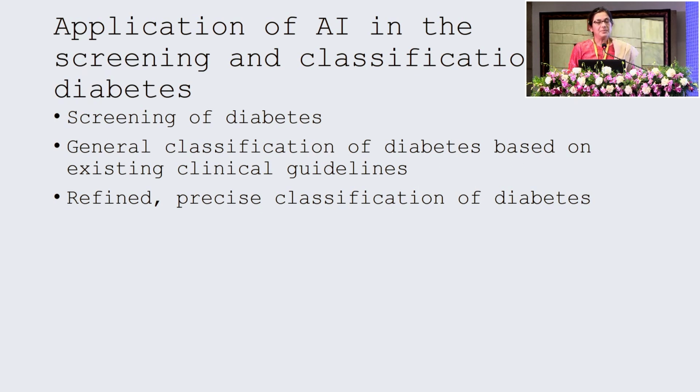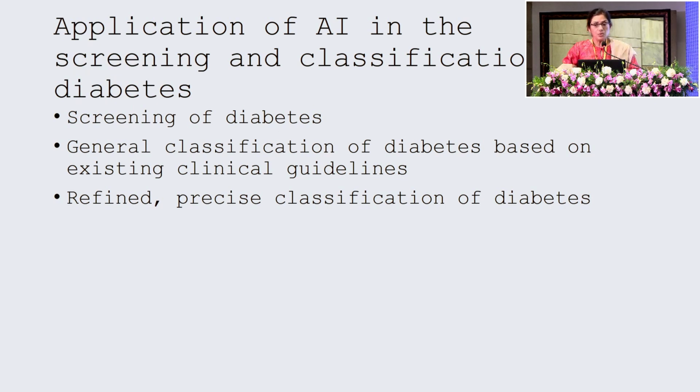Then it helps in classification of diabetes based on existing clinical guidelines. But more importantly, remember we have the Alquist data set, and in Chennai we have Dr. Mohan's data set. It allows you to redefine, reclassify diabetes with a view to personalizing diabetes management. So AI actually allows you to do cluster analysis.